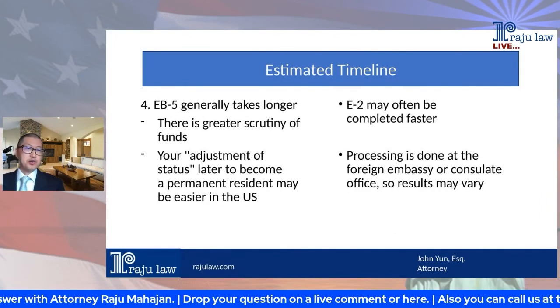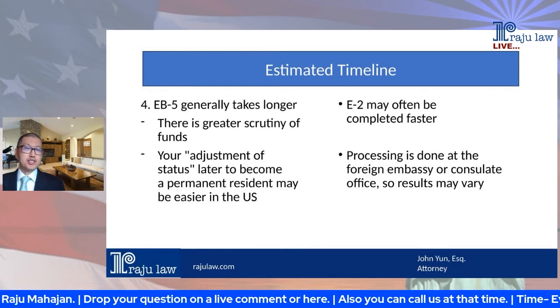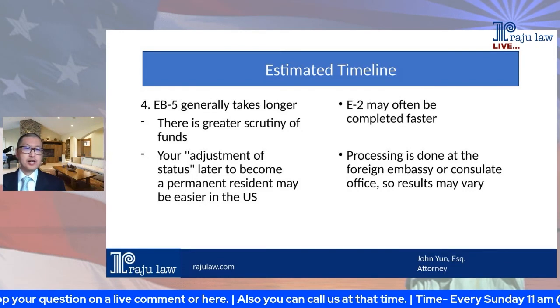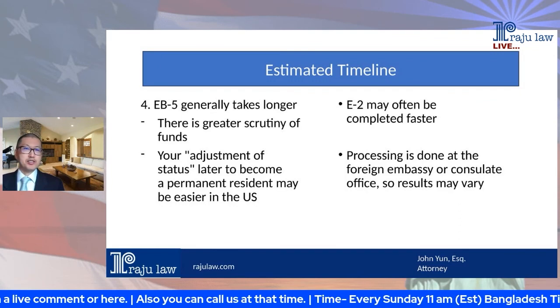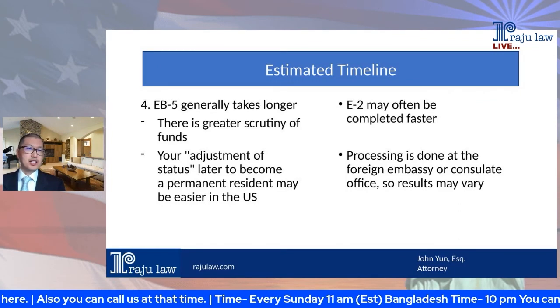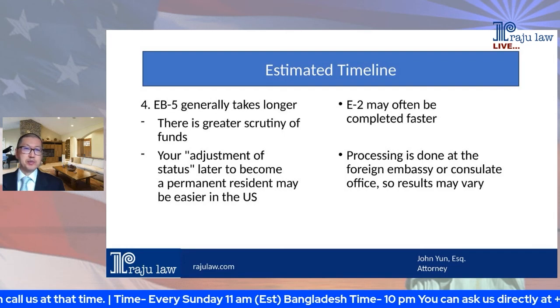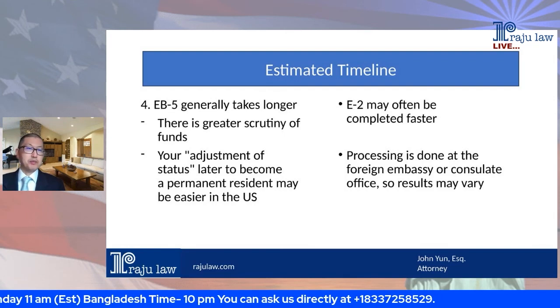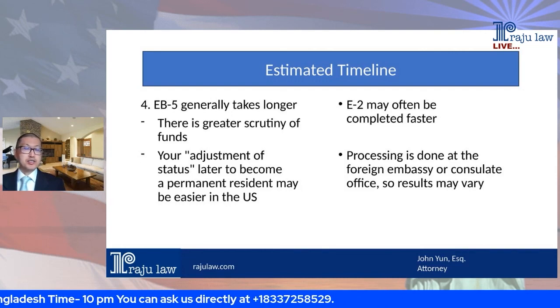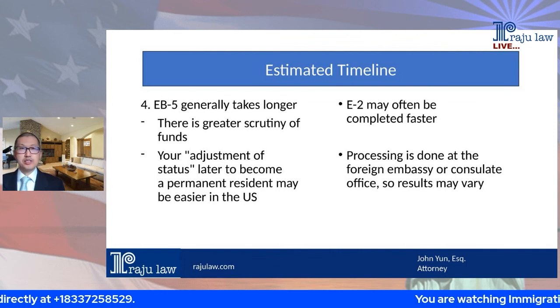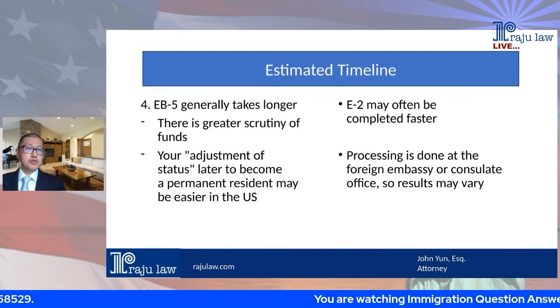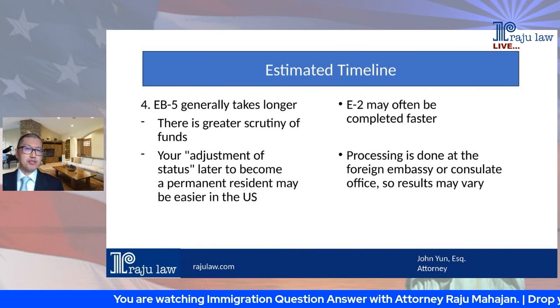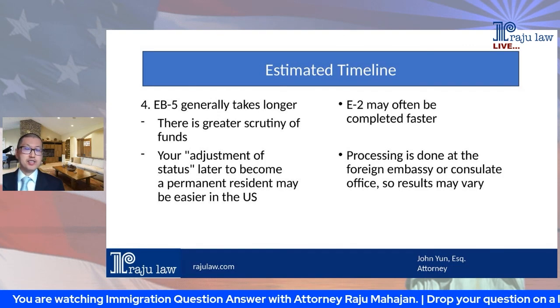And slide 4, so EB-5, it generally does take a little bit longer to process, and there's greater scrutiny of funds because when you do adjust your status, as Benjamin said, it makes it a little bit easier to become a permanent resident just because there's so much scrutiny in the beginning. But the E-2 is often completed faster. We don't guarantee a specific time because a lot of the processing is often done at the foreign embassy or consulate.